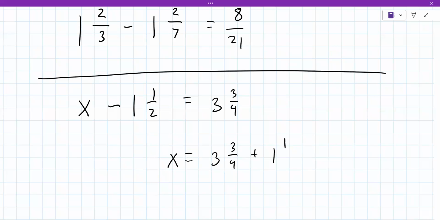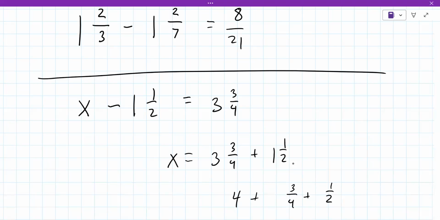And then you have to combine those. So that would become 4 or 5. It's going to be a number plus a fraction. The common denominator is 4, so it would be 4 plus 3/4 plus 1/2.